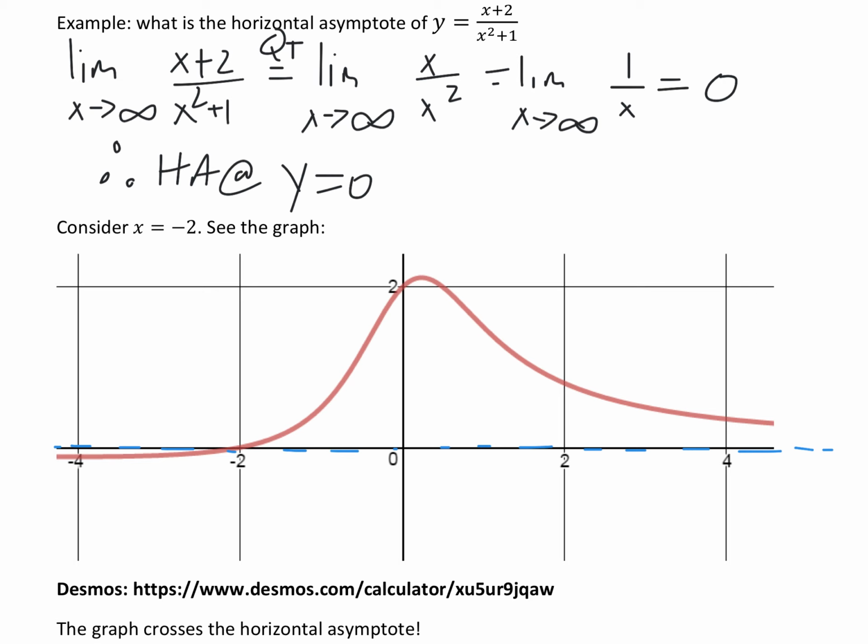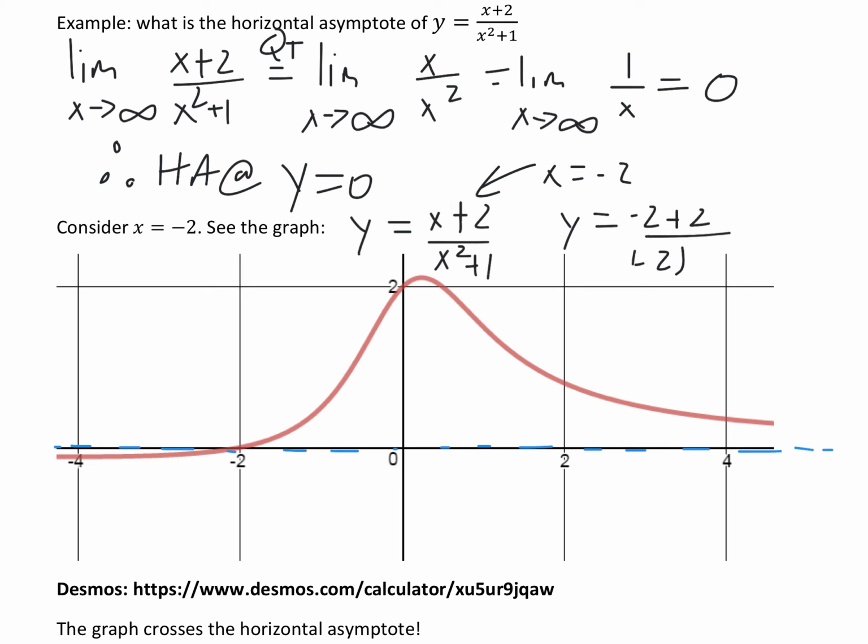Well, let's go ahead and try. Let's plug in x equals negative 2. So if we have our function y equals x plus 2 over x squared plus 1, if we plug in x equals negative 2, we'll get y equals negative 2 plus 2 over negative 2 squared plus 1, which will be 0 over 5, which is just 0.